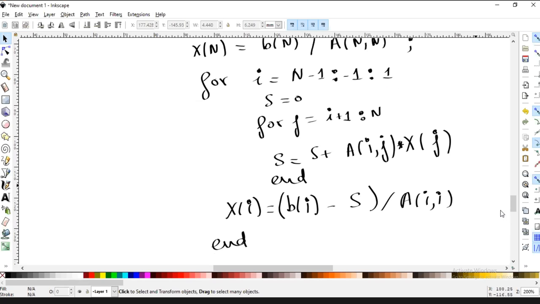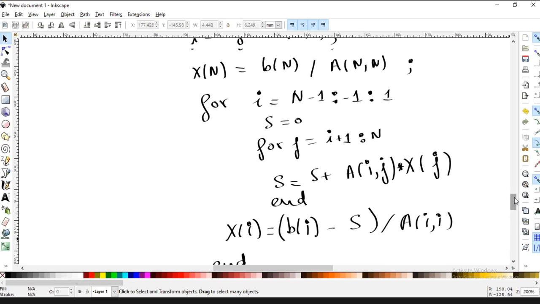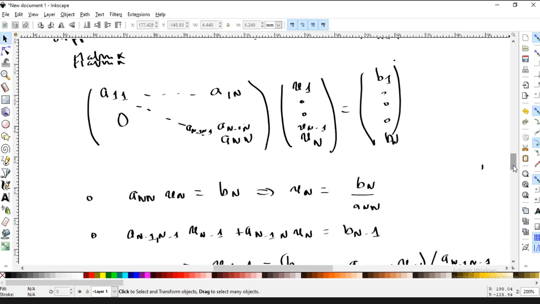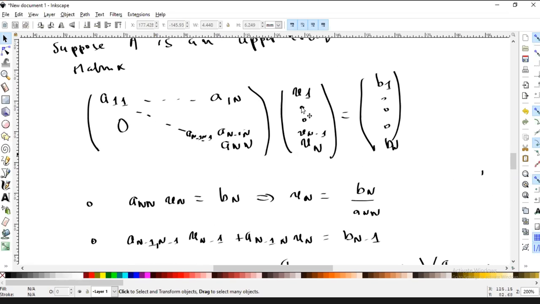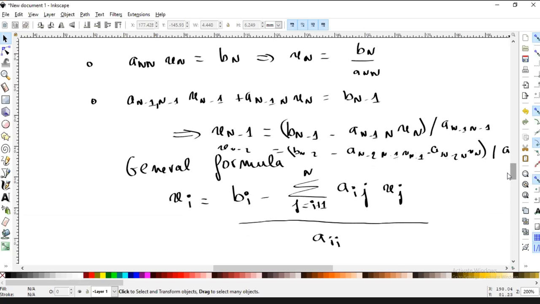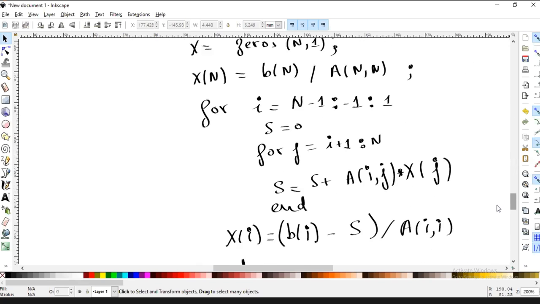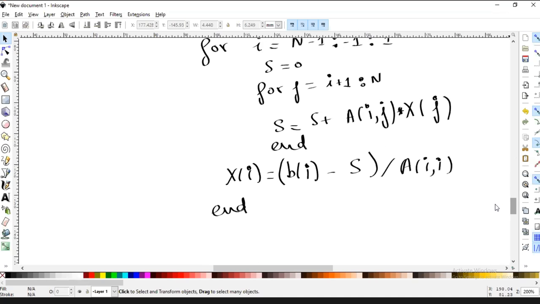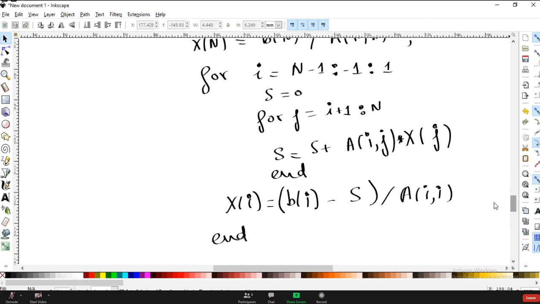This is the difference. So this is the only difference in the code for a lower triangular matrix instead of an upper triangular matrix.